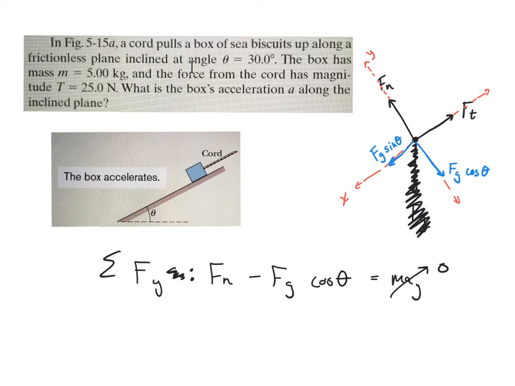Then we look at the x direction. In the x direction, remember, down the ramp is positive now for these problems. So we've got Fg sine theta acting positively because it's down the ramp. We've got the tension acting up the ramp, so that's negative, and that will equal max. Now, if the tension is equal to Fg sine theta, if these are equal, what do we know about the problem?